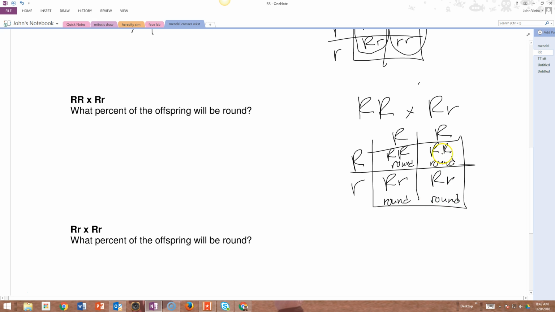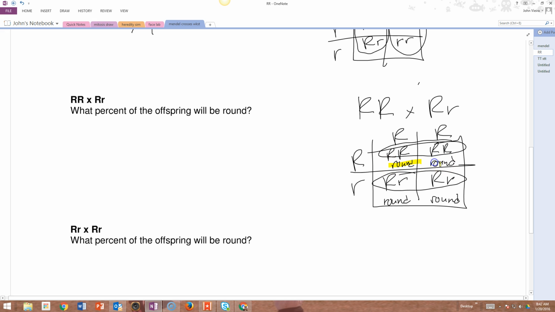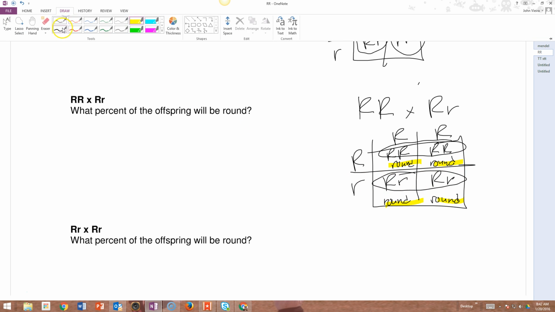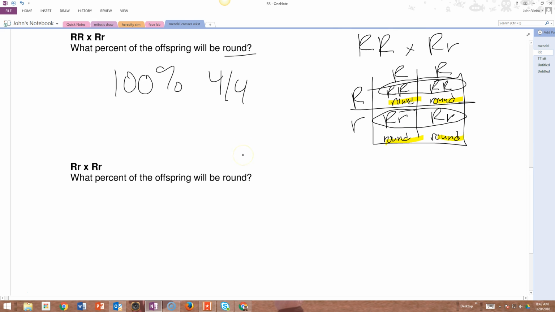Even though you have two different genotypes, that's one genotype, that's another genotype, all of your phenotypes are going to be round, round, round, round. And remember, the question is asking you how many are round, not how many are one genotype or the next. 100% or 4 out of the 4 will be round.